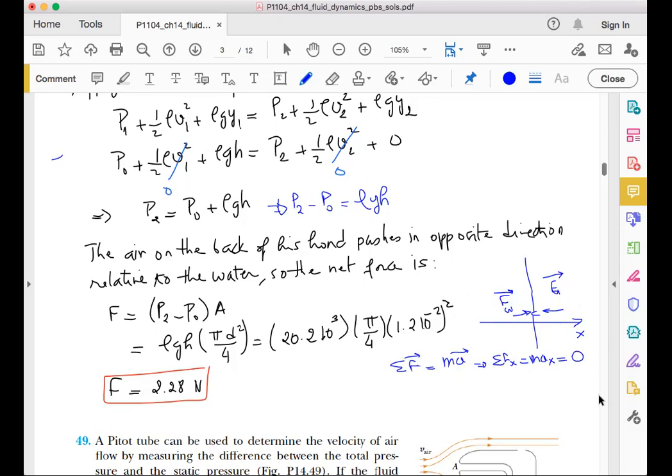The buoy has put his finger in the hole and the finger stays inside the hole, that's why we put ax equal to 0. So what about the summation of Fx? If we project F water and F air, we end up with F water minus F air as the total force exerted on the buoy.